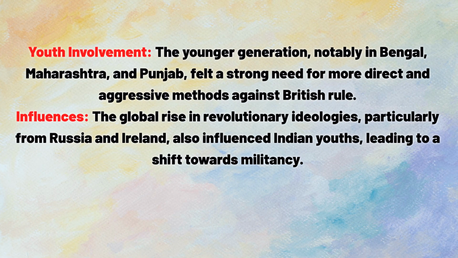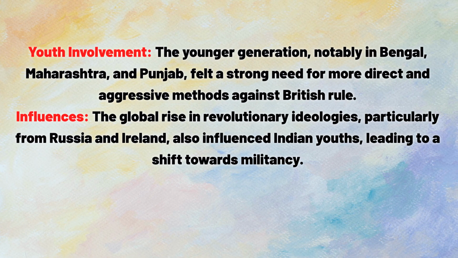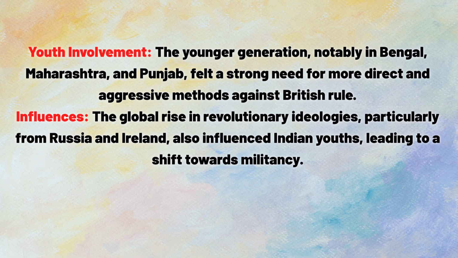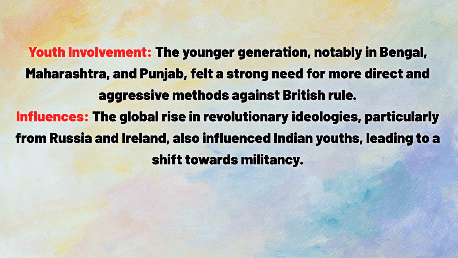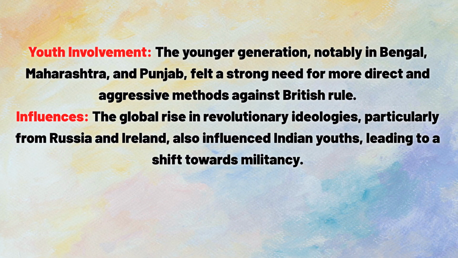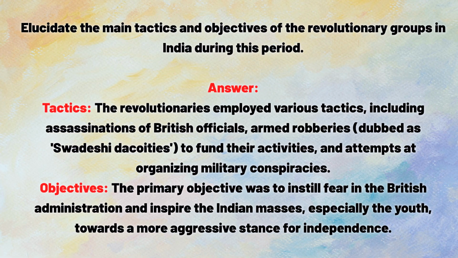The younger generation, notably in Bengal, Maharashtra, and Punjab, felt a strong need for more direct and aggressive methods against British rule. Influences. The global rise in revolutionary ideologies, particularly from Russia and Ireland, also influenced Indian youths, leading to a shift towards militancy.